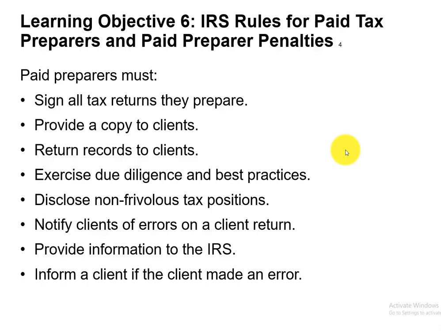Okay, you have to do diligence. You have to figure things out. Okay. Disclose tax positions that are questionable, but frivolous means you really don't think there's any chance of it working. You're just going to file it that way and hope that nobody notices.